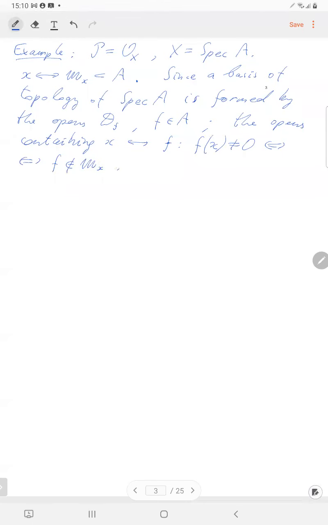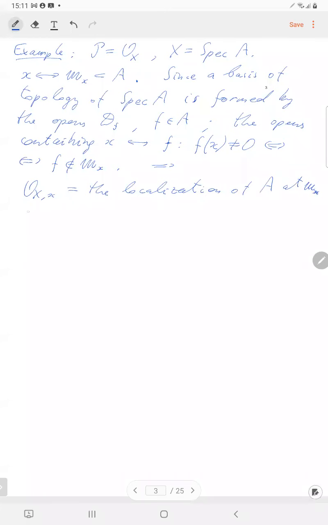From this you deduce that the stalk of our structure sheaf at point x is the localization of A at this maximal ideal.